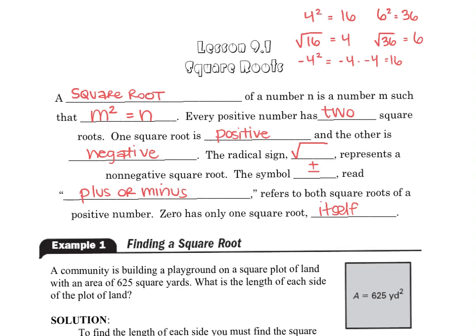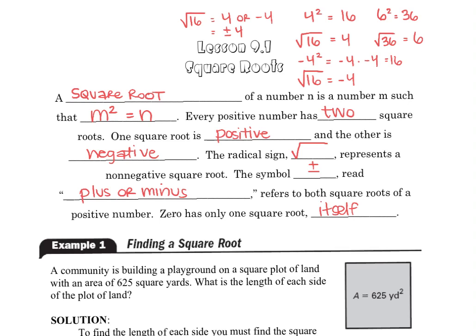Because 4 squared is 16 and negative 4 squared is 16, we can also say that the square root of 16 could be negative 4. And that's what it says, that every positive number has two square roots. So when we're giving the square root of 16, you can either say that is 4 or negative 4, or here's where that symbol comes into play, you can say it is plus or minus 4. That would be the positive and negative of 4.